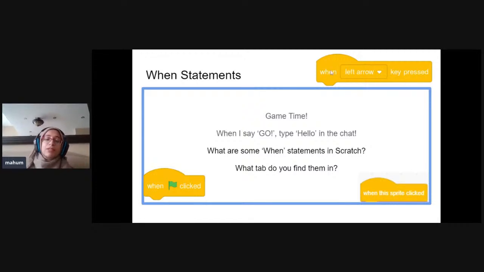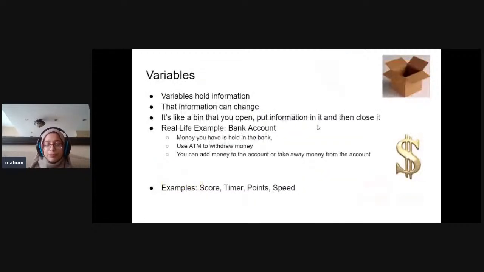When left arrow key pressed, when right arrow key pressed, when any key is pressed, this looks at the ways that you can initiate and give a signal. So if you're playing Pac-Man and you want Pac-Man to go right or left, those are the arrow keys. So you have to use this when statement. These are all under events and control.